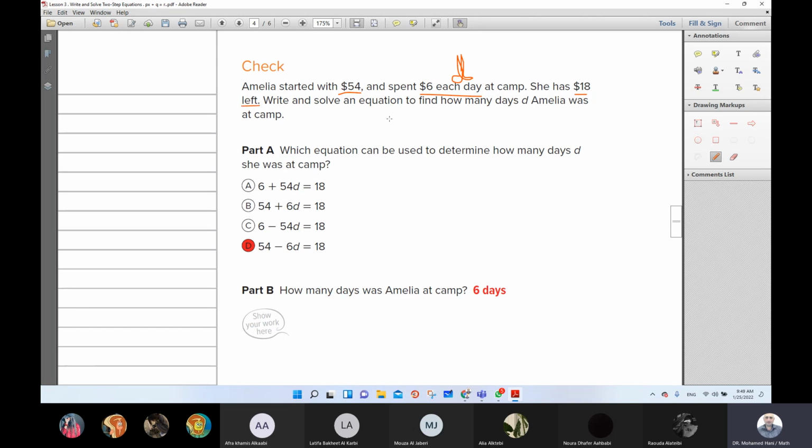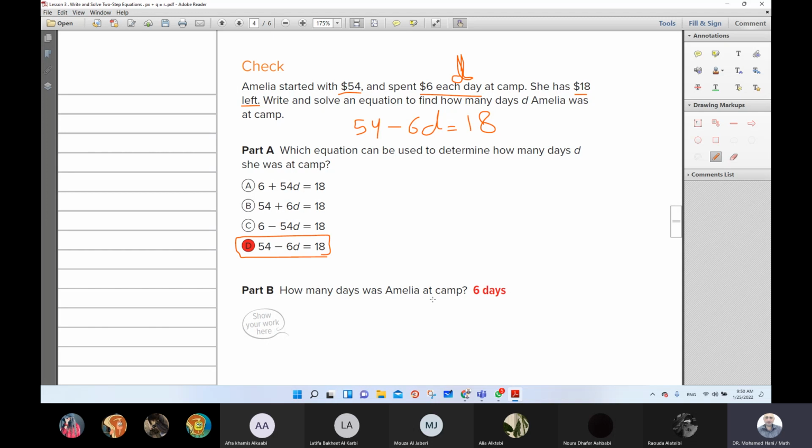So write and solve an equation to find how many days Emilia was at the camp. And we have here the amount 54. And left means minus 6 times the number of days means 6D, equal 18. So this is the equation, means the last choice here, the correct choice.